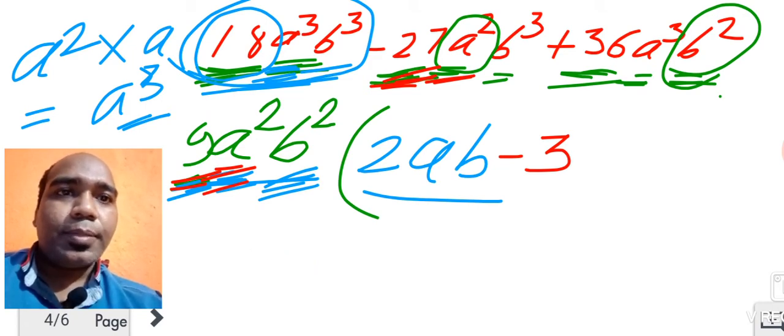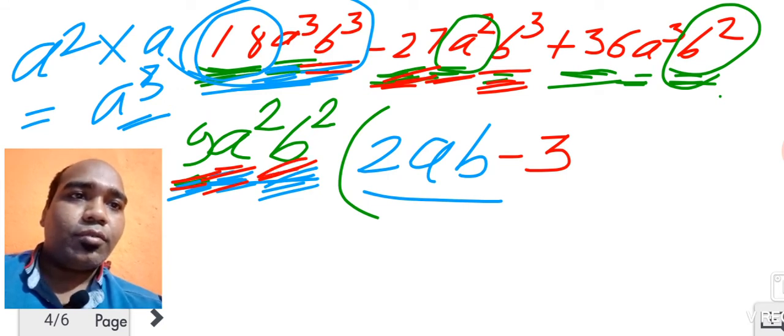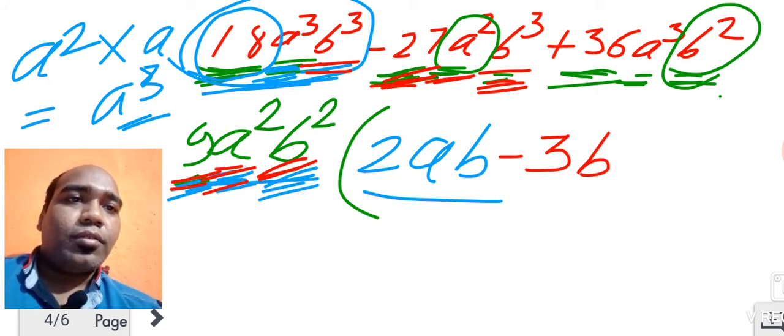Now here b cube is there. You can see b cube is there and b square is already taken outside. So what will we take here? b square is taken, so we'll take b here. Okay. So we'll get 3b.